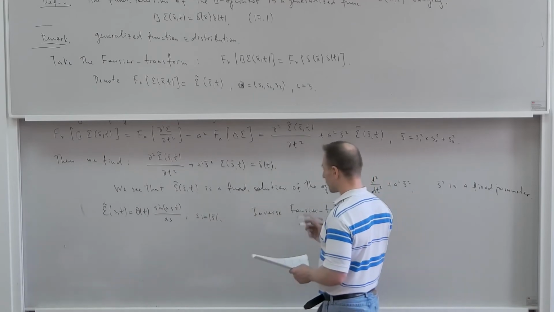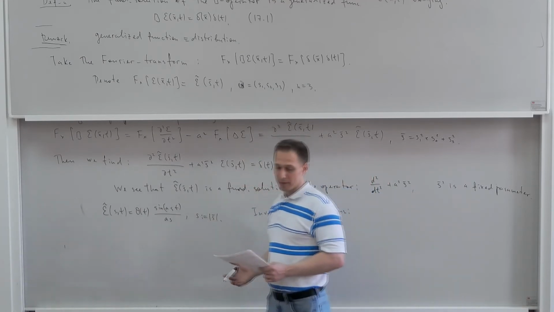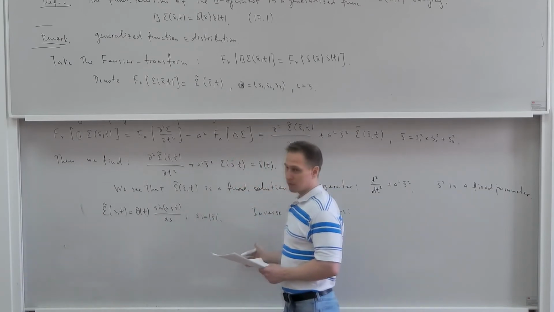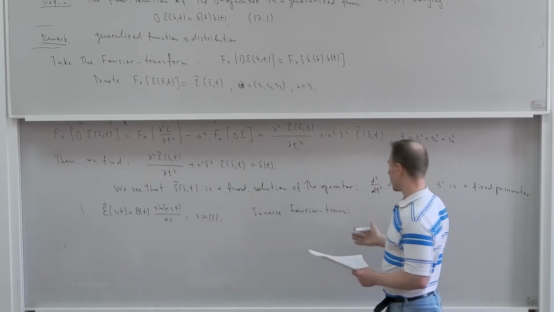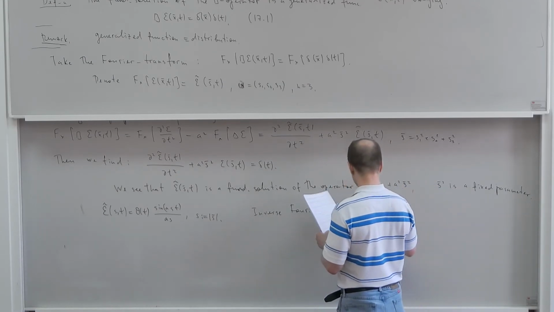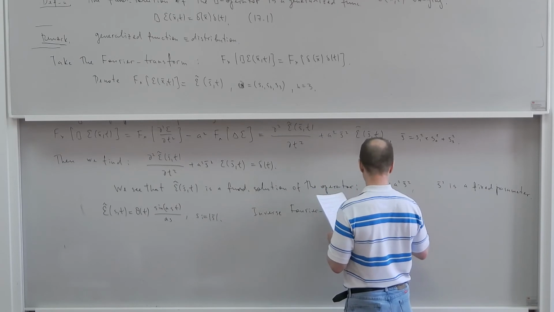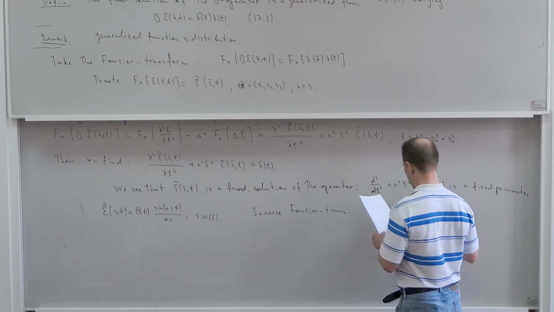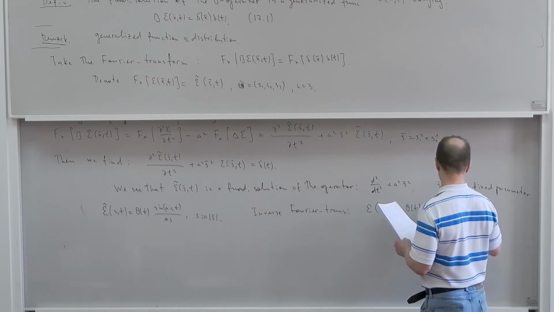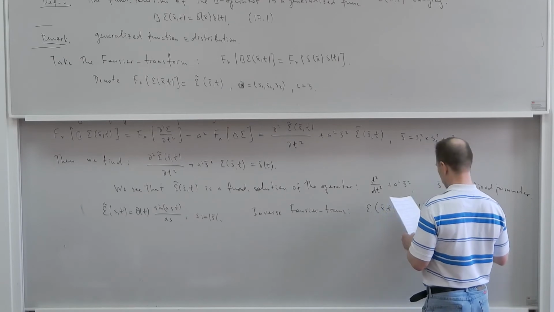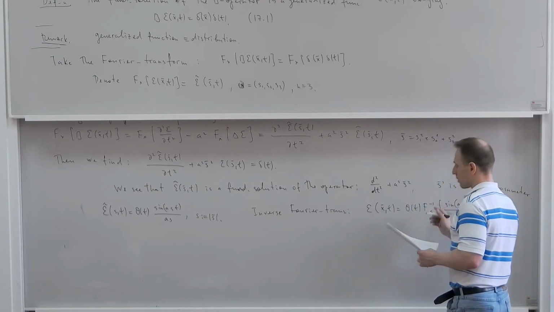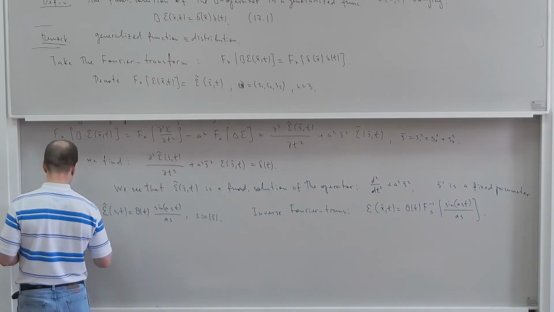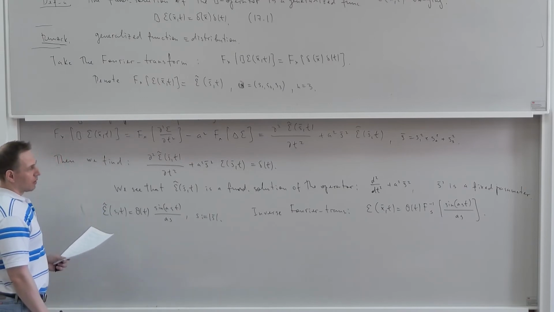The explicit form of this inverse Fourier transform depends on the dimension of space, and so there will be three different answers. General expression. Then we consider n equal to 1, 2, and 3.